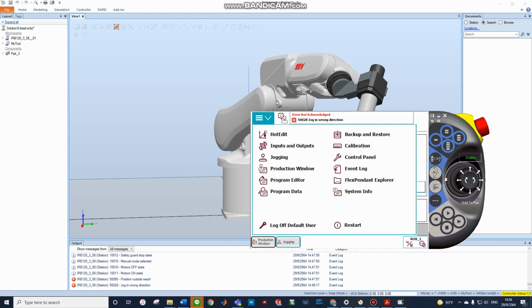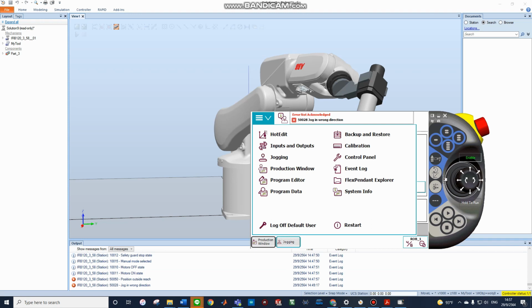It has input and output, jogging, production window, program editor, program data, backup and restore, calibration, control panel, event log, FlexPendant explorer, system info, log off, default, restart.